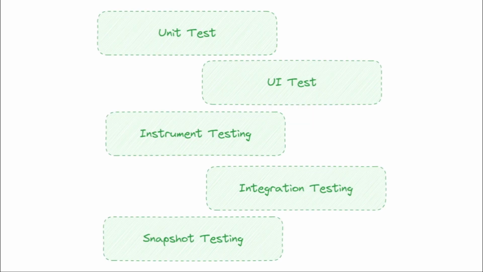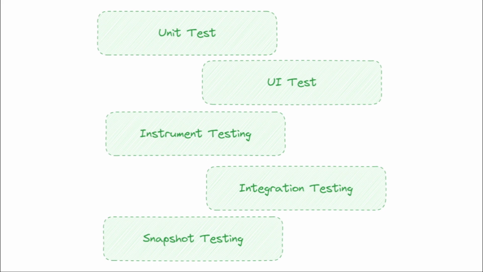Android provides multiple test strategies. First one is unit testing, which helps to test the smallest unit of your application. Next is UI testing, which helps to make sure that your UI is working as expected.